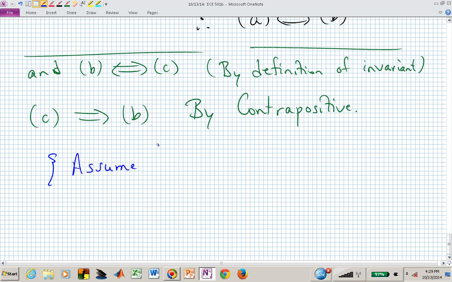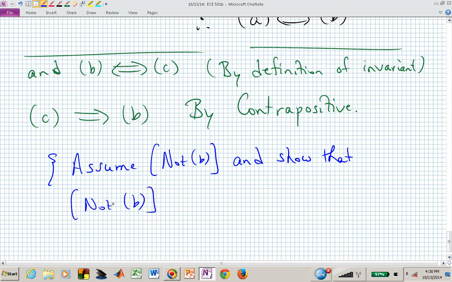We are going to assume not B and use that to show that not B in fact implies not C. That's our strategy.